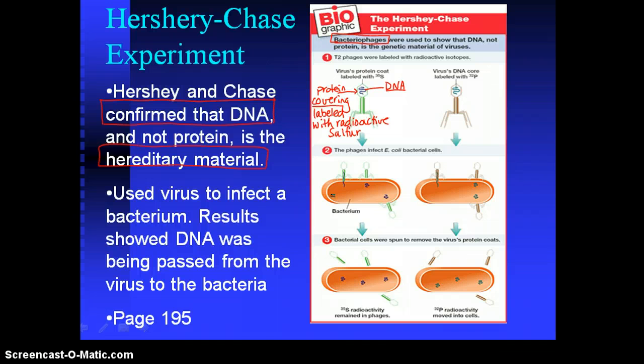And what they found was that there was no radioactive material in the cell. So this would help to eliminate protein as the hereditary information.